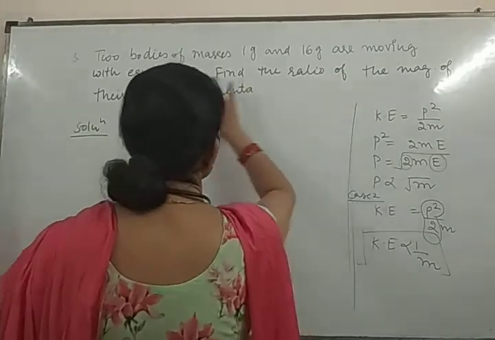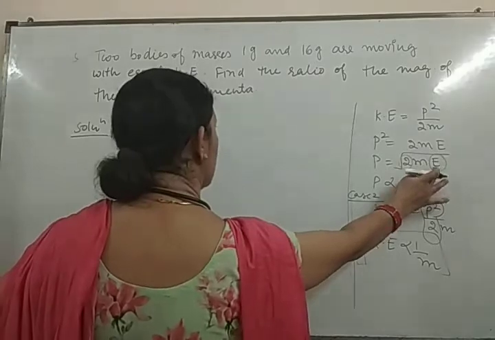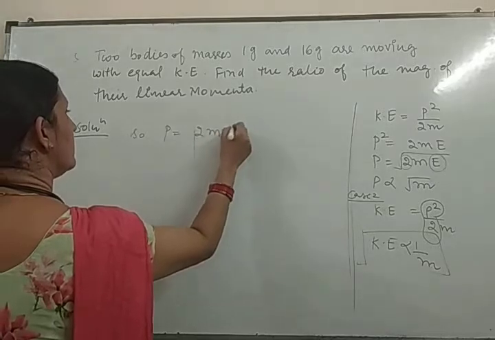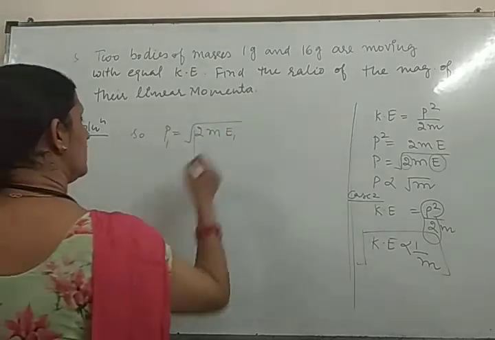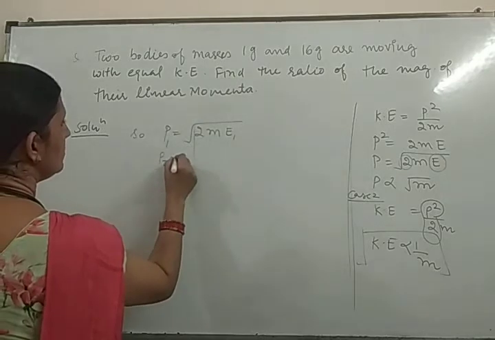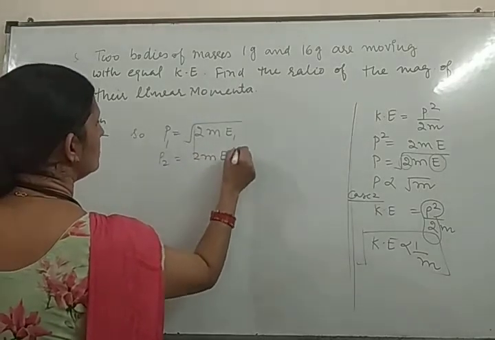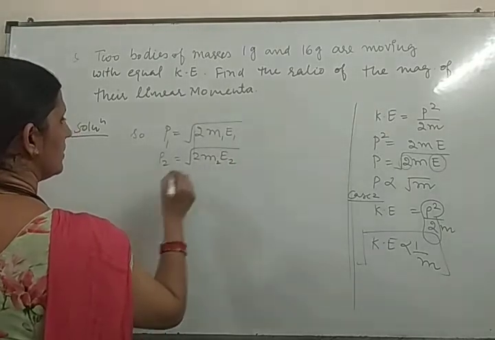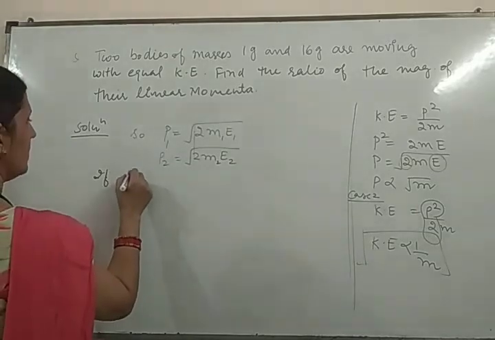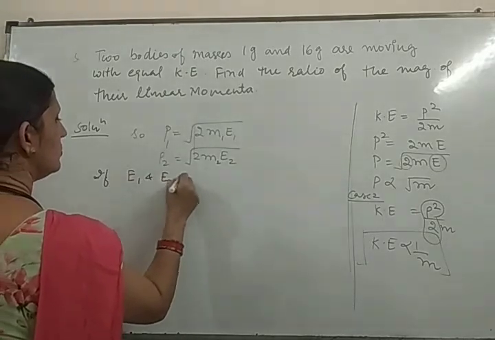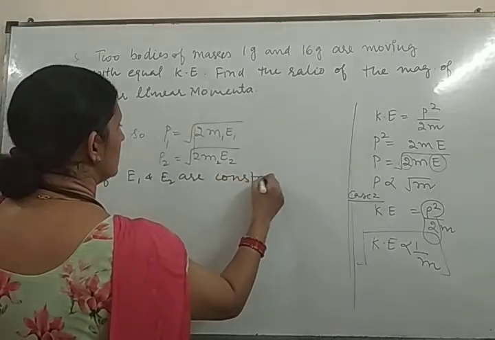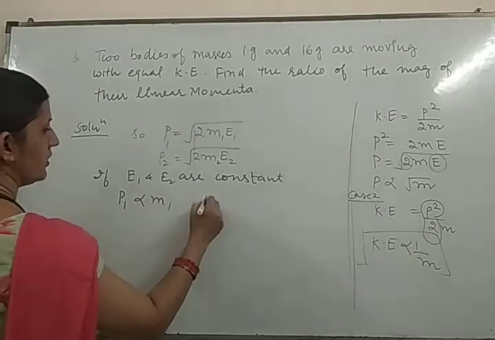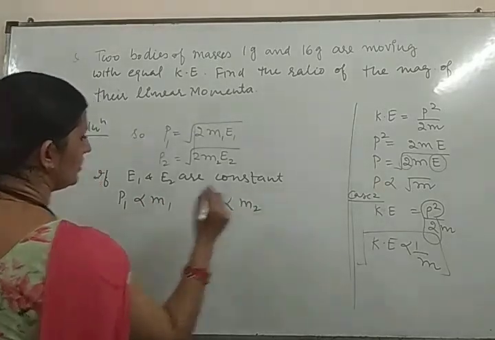Here the kinetic energy is given constant. So P is equal to square root of 2mE. P1 is square root of 2mE1. P2 is square root of 2mE2. If kinetic energies E1 and E2 are constants, then P1 is proportional to root M1 and P2 is proportional to root M2.